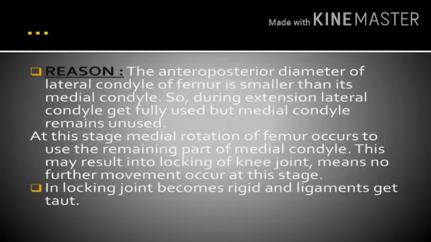So whenever extension occurs, the lateral condyle gets fully used but the medial condyle remains unused. At this stage, medial rotation of the femur starts to use the remaining part of the medial condyle. This results in locking of the knee joint, meaning no further movement can occur. In locking, the joint becomes rigid and the ligaments get taut.